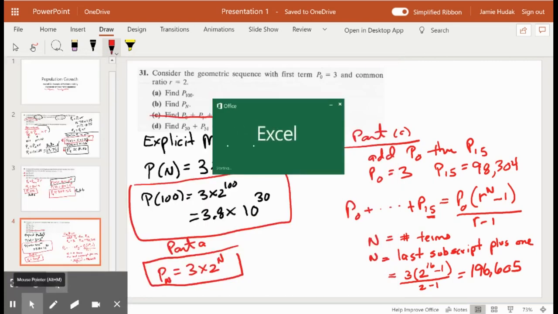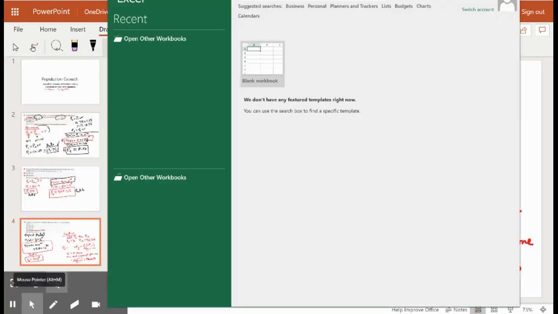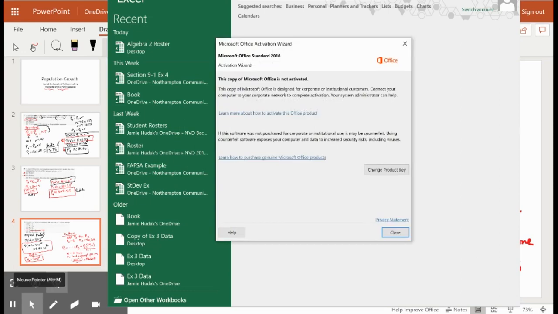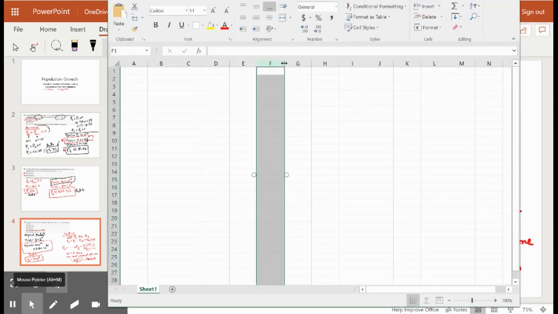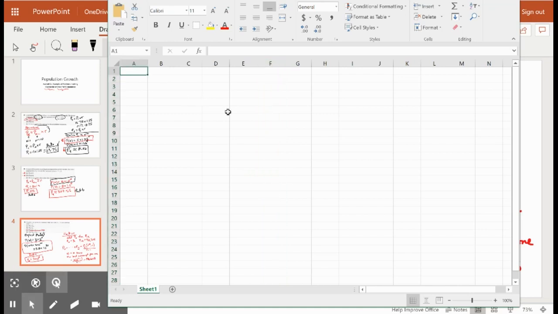We can use a program like Microsoft Excel to generate all of the terms for us, and test out the sum of all of the terms.